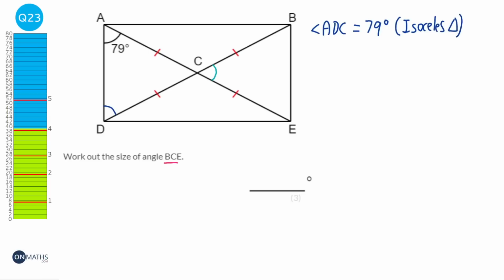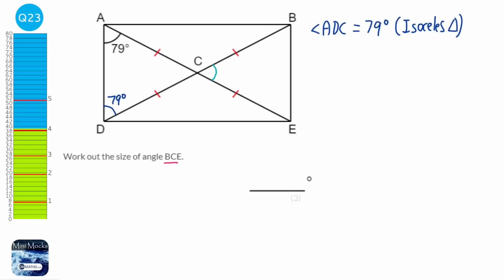So if you look, we've got an isosceles here, this one, and this one. And the bottom two angles, and I use the word bottom because I always imagine an isosceles as being this way up. The bottom two angles in an isosceles are always equal, so that must be 79.